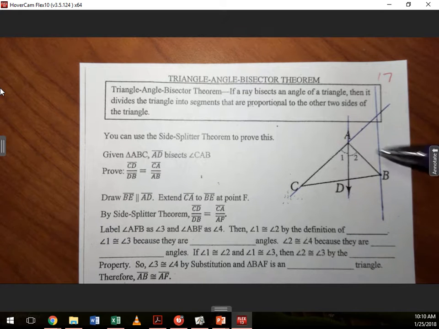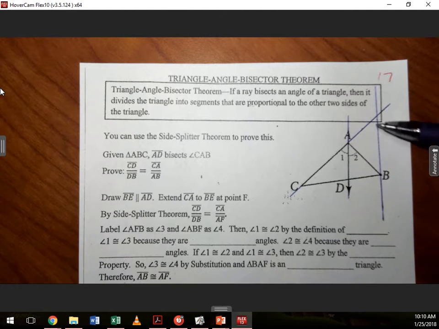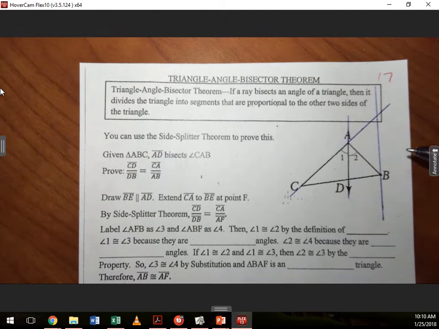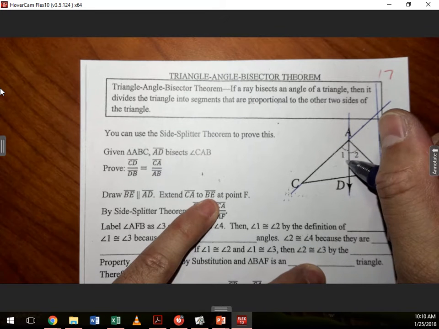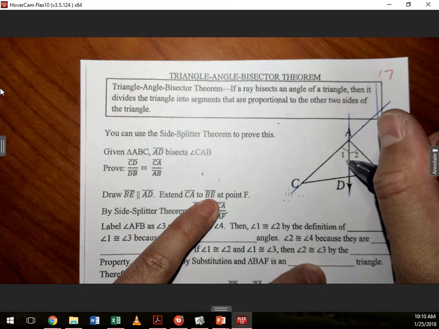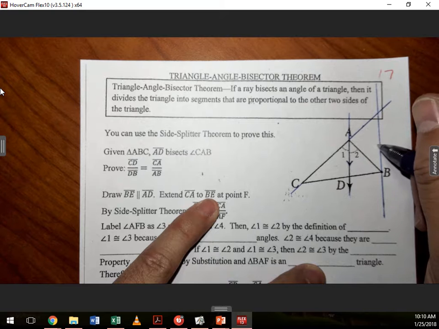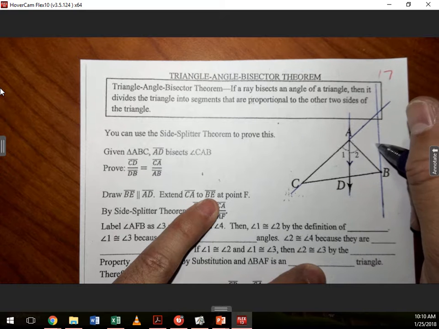All right, so right here, we've actually made another triangle. Okay, so I'm going to go through and do a couple things with this. If I did this correctly, these lines are parallel. So I'm going to draw a little doohickey right here. Here's the marking, the arrow, to show that this one is parallel to this one.